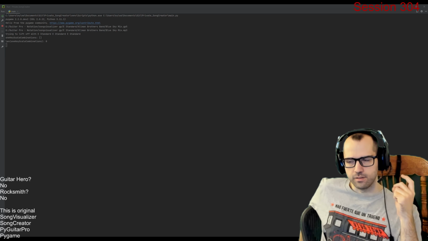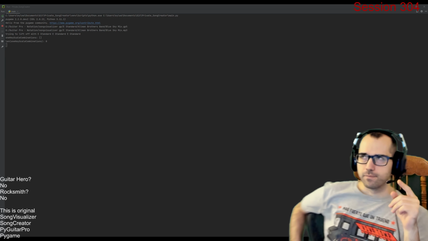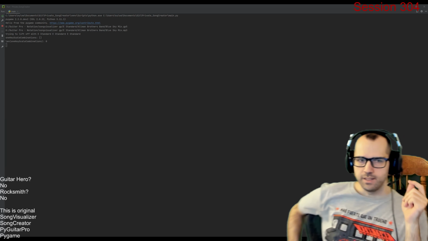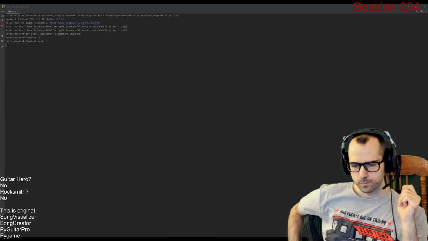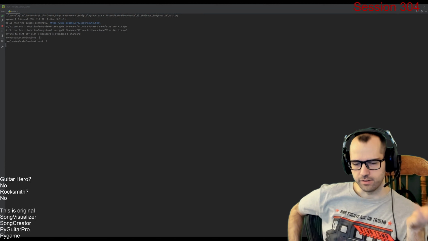What that means is, for every key and scale there is a variation. So you have a unique key and a unique scale.